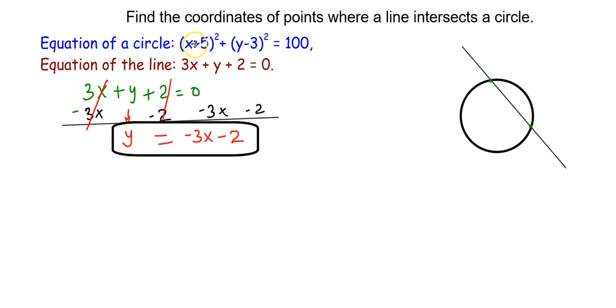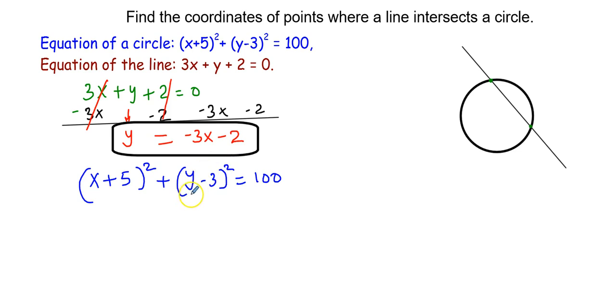Okay, now what is the equation of the circle? That is (x + 5)² + (y − 3)² = 100. Now the value of y, this y is equal to negative 3x minus 2.